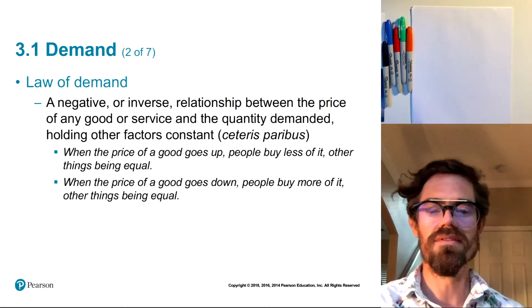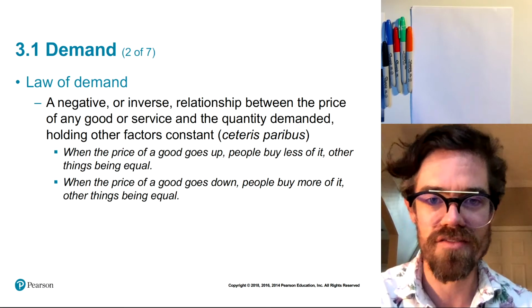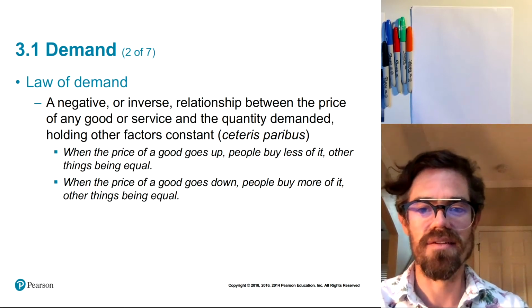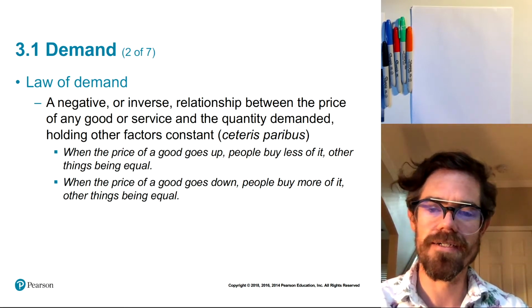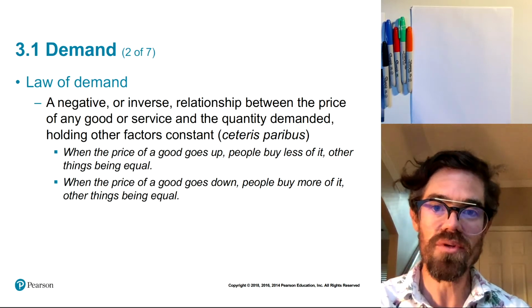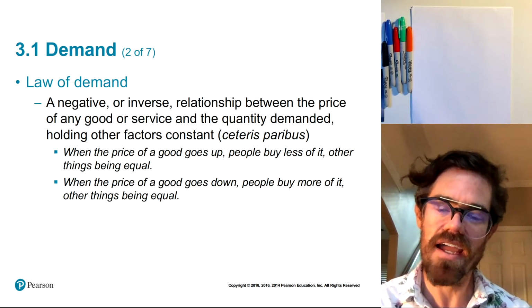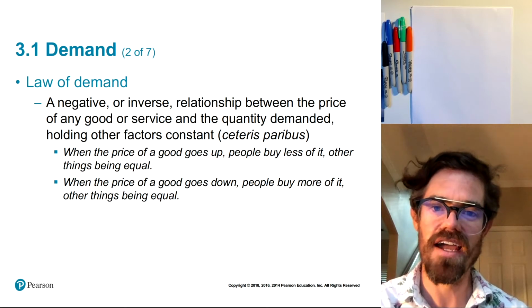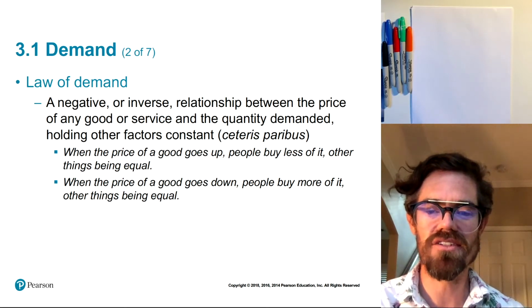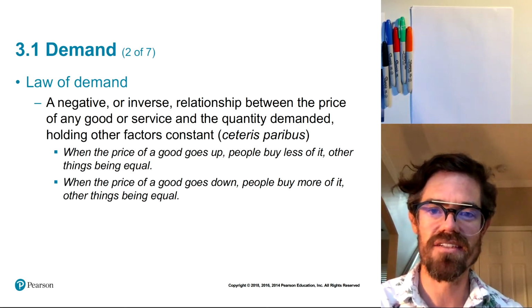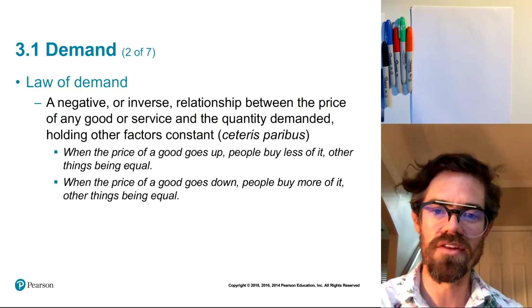Now, we basically have something called the law of demand, and we call it a law because it's such a frequently observed and hard to deny fact of life. Okay, so I challenge you to think of something that doesn't respond according to the law of demand.